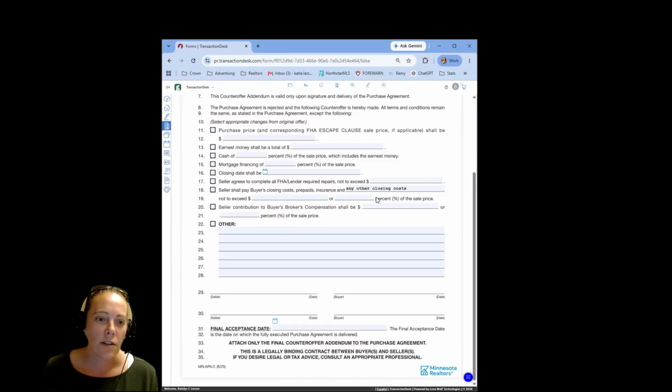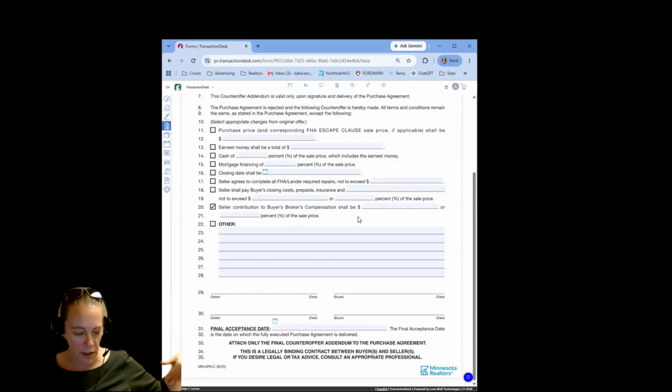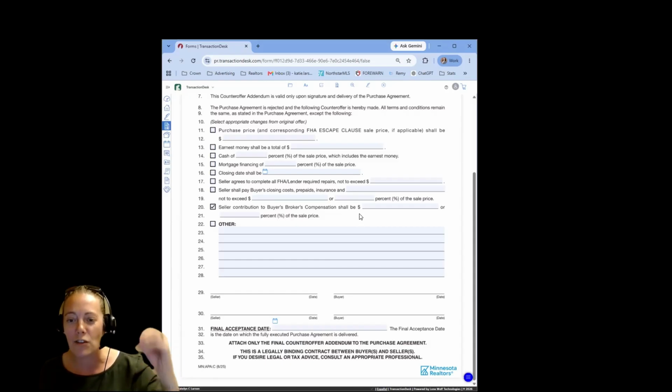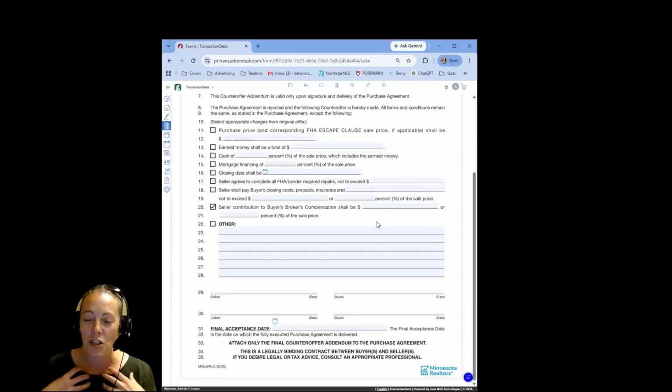Next one is seller contributing to buyer's broker's compensation. So when the law changed a couple years ago and our buyers had to start asking for their agent to be paid in the purchase agreement, most of the time we had to counter the offers changing this in some way, because as a listing agent, we were paying them cooperating broker compensation directly.